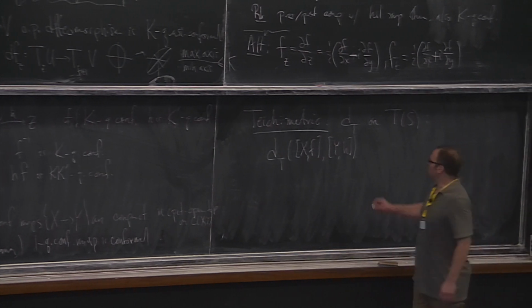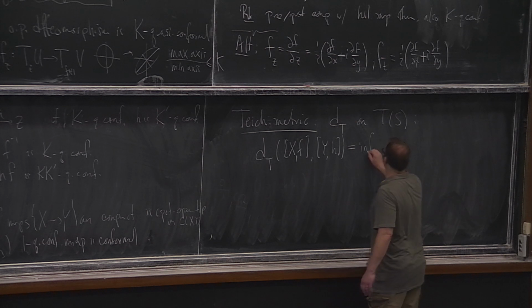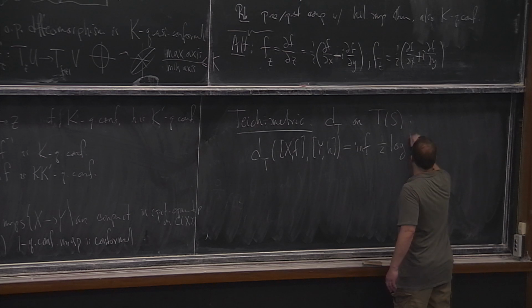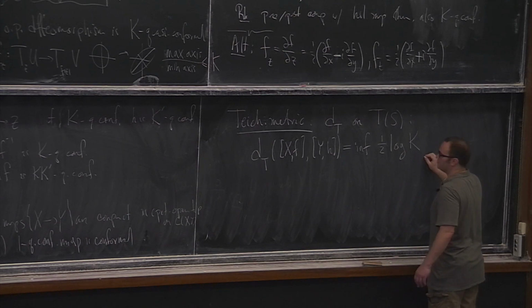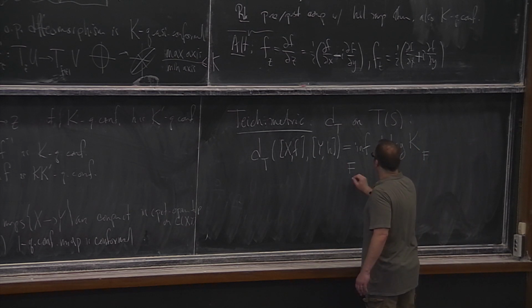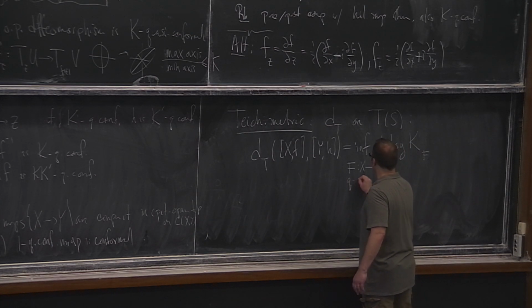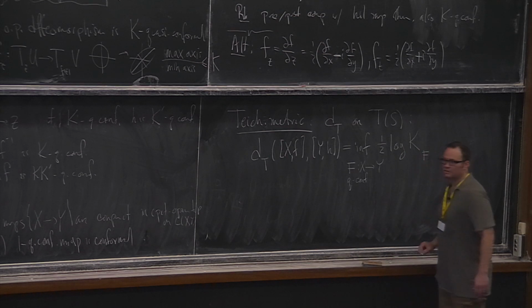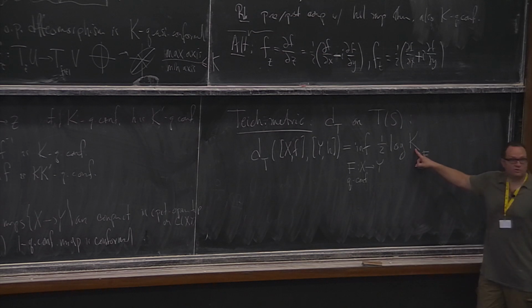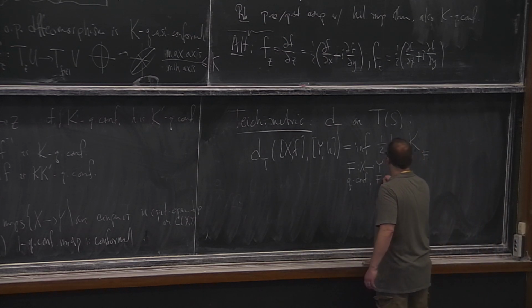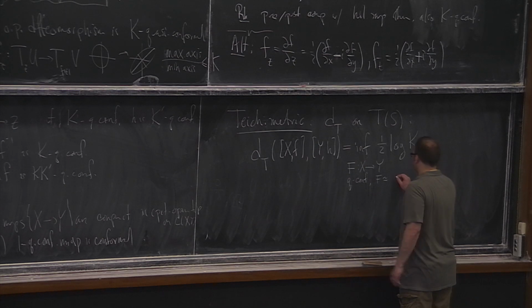So I'm going to define it to be the inf of 1/2 log K of F, and the inf is over all maps F from x to y that are quasi-conformal, remember, the optimal quasi-conformal constant, and homotopic to the right thing. So the right thing here is f inverse h.